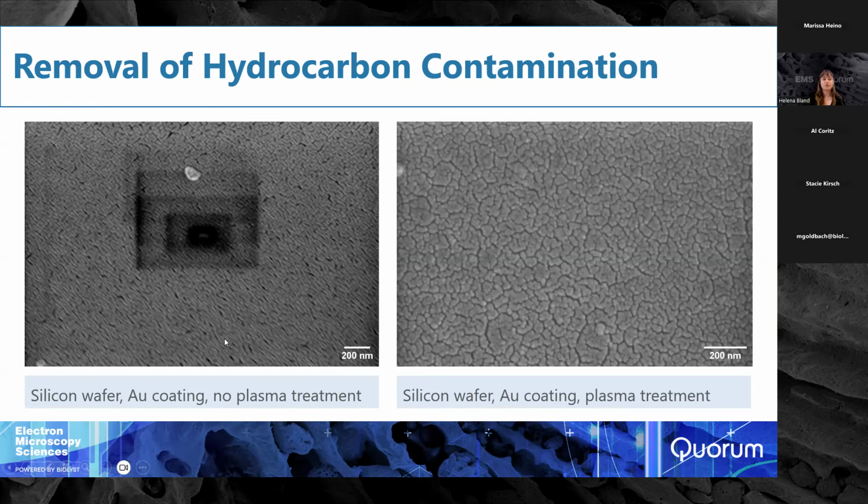On the left-hand side, we've got no plasma treatment, where we're seeing this characteristic contamination square, which is where our hydrocarbons are being damaged by the beam, resulting in polymerization of those hydrocarbons, which forms these squares on our images. Now, with the same conditions, with plasma treatment before I've put that gold coating on, we can see that, even at a higher magnification, we don't have any problems with hydrocarbon contamination.